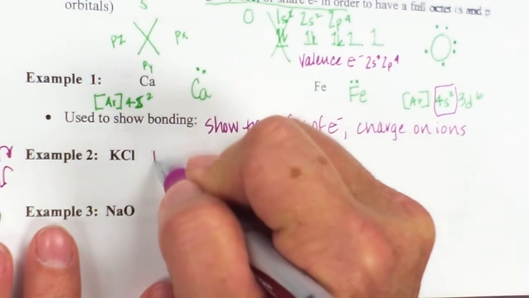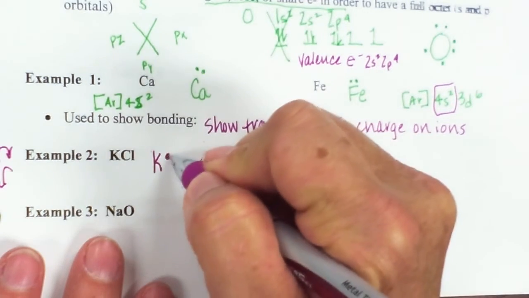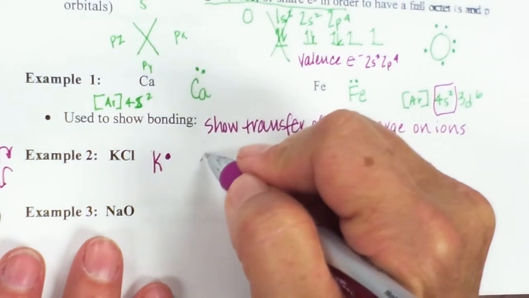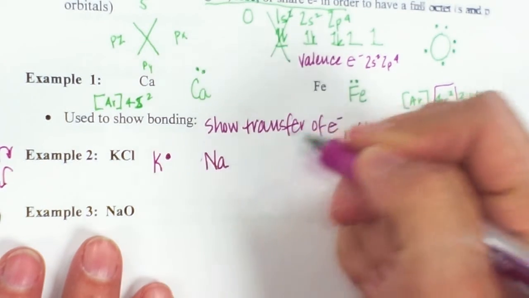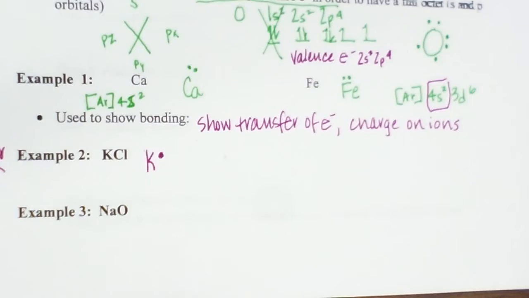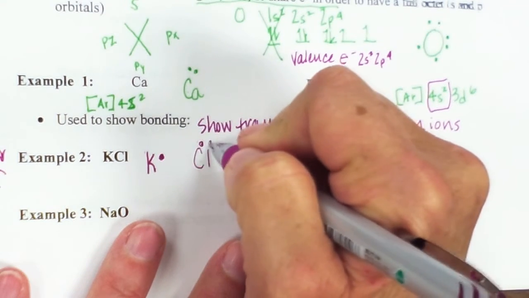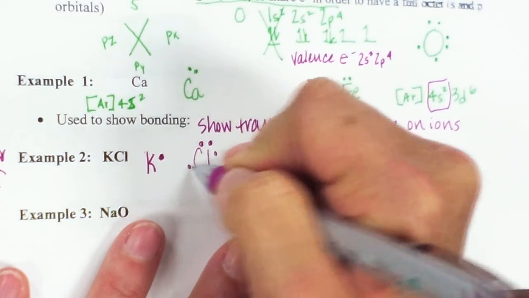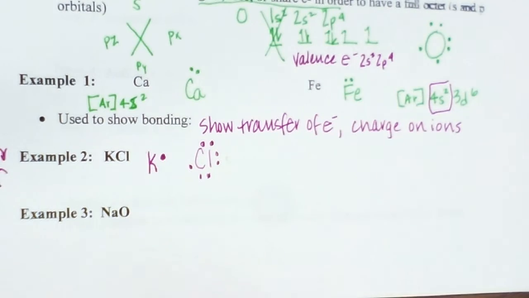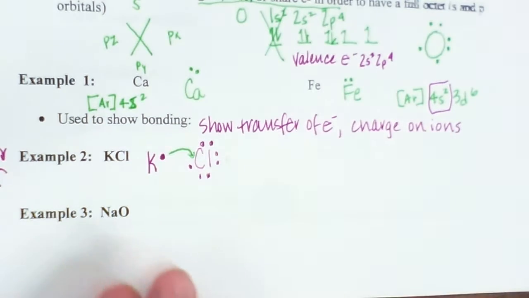So here we go. I have potassium, which is 4s1. And I have chlorine, which has 7. Now I'm going to transfer that electron from potassium to chlorine.